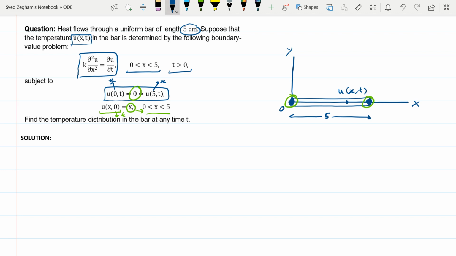Now let us solve this heat equation. Suppose the solution of this equation is equal to some function of x multiplied by some function of t.